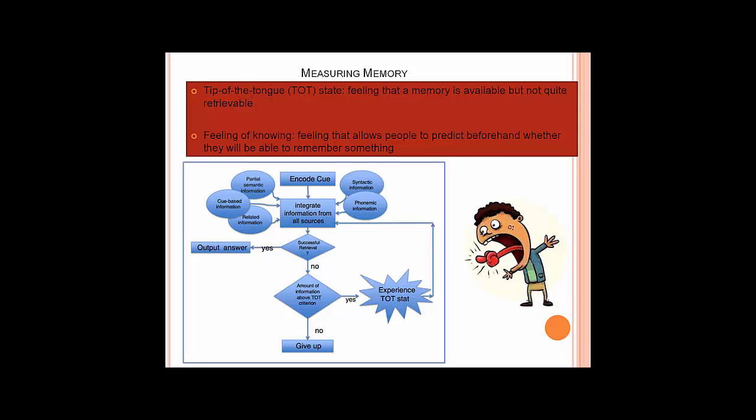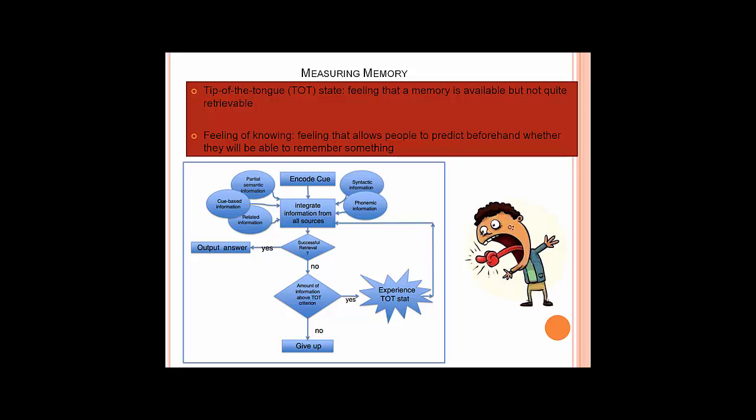What is that? The feeling of knowing that allows people to predict beforehand whether or not they will be able to remember something. Let's say you encounter, let's say this class, and you may have a feeling of knowing, like you'll sail right through it because all the information clicks.